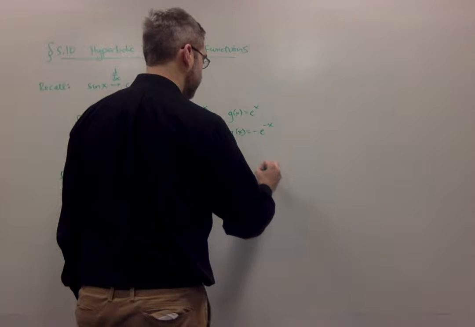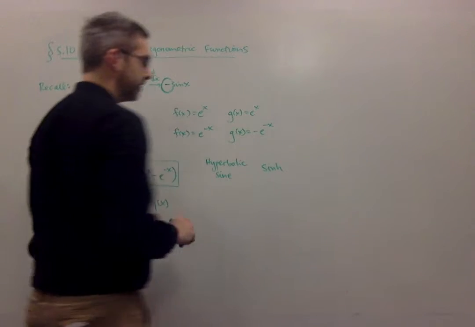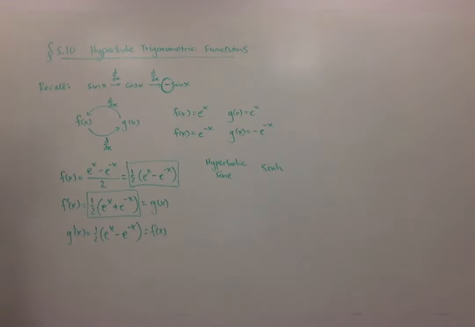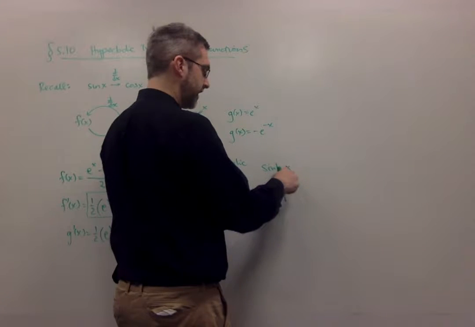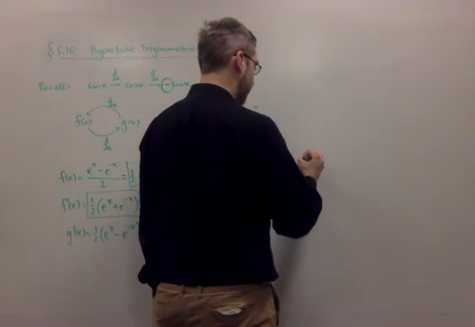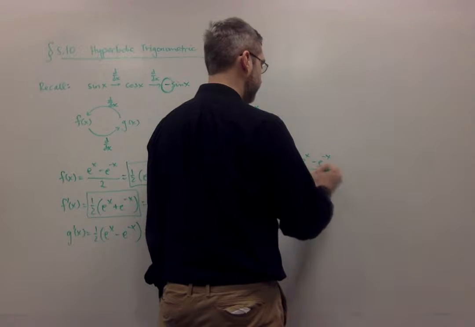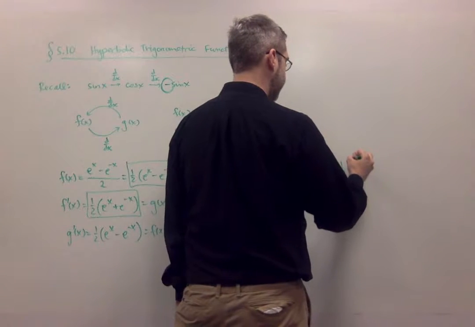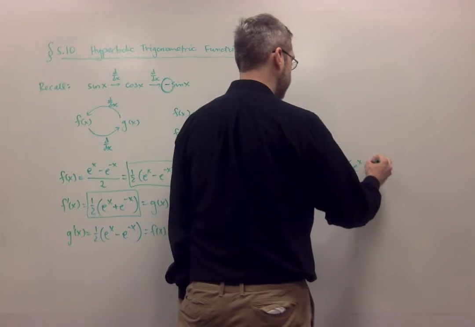So in the terminology that we use here, we use sine with an h at the end. Okay, so hyperbolic sine of x, we're going to call that e to the x minus e to the negative x over 2. In other words, 1/2 e to the x minus e to the negative x.